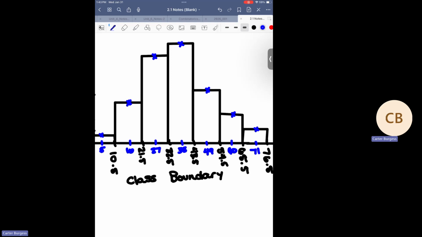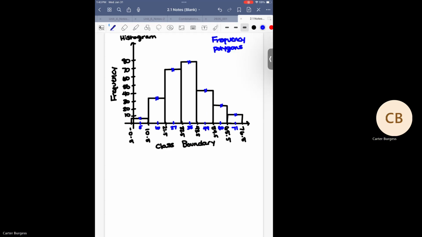And our 71. And very simply, we are just going to connect the dots. We're just playing a game of connect the dots. So from 5 to 16. And we're not trying to put a curve to this. We're just going from one point to the next, connecting the dots.